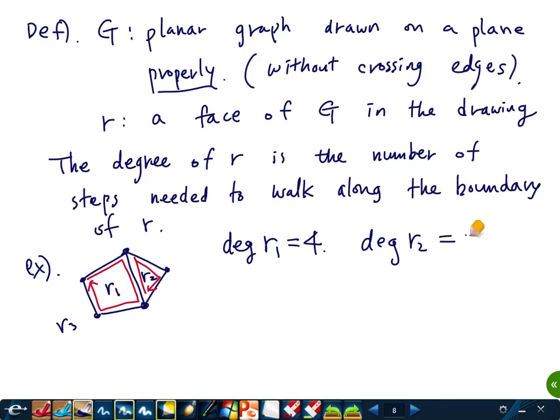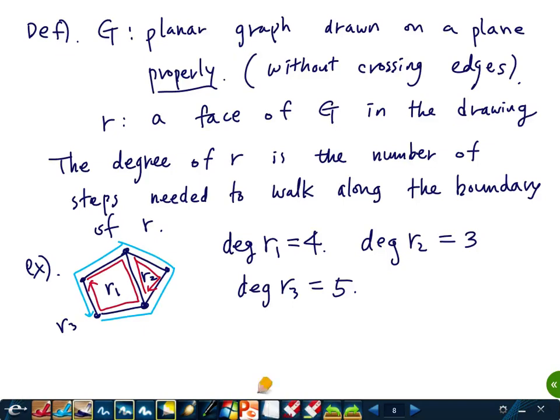So degree of R2 equals 3. What about degree of R3? The boundary of R3 is this thing. So you go 1, 2, 3, 4, and 5. So it's 5. So if your face is like an n-gon, then the degree will be n, right? In this case, you can just consider the degree as like an n-gon. The degree is n.